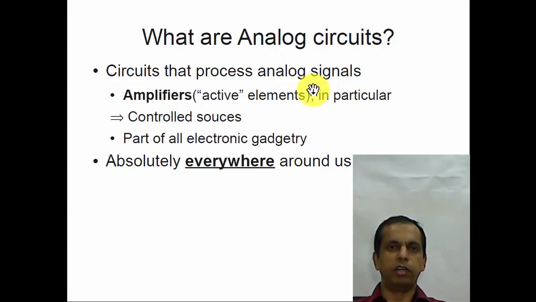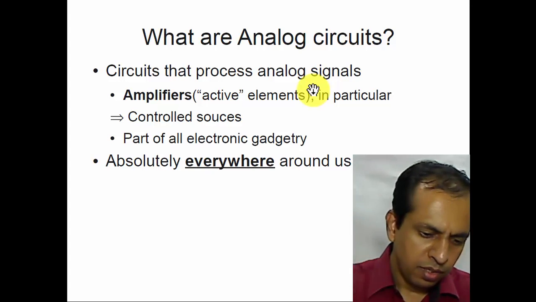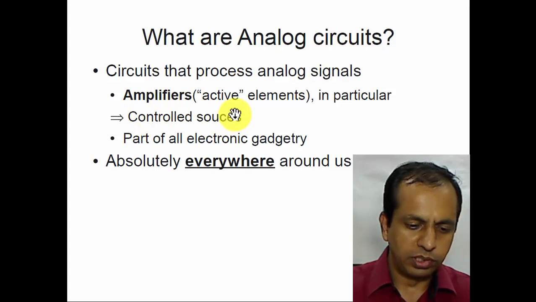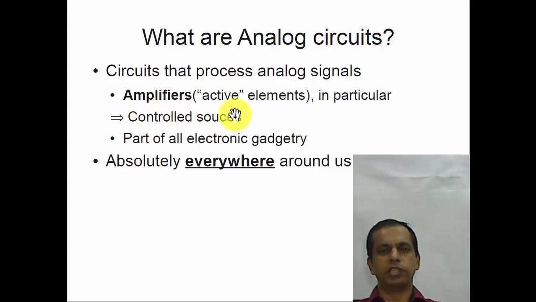In reality, no physical device can generate energy by itself, it has to be provided from elsewhere. So, there is a particular definition of active nature of circuits that we will see later, but clearly you would not have seen amplifiers till now in your basic circuits class, and that is what we are going to study in this course. In particular, that means that these amplifiers are control sources. Okay. For instance, everyone would be familiar with an audio amplifier.